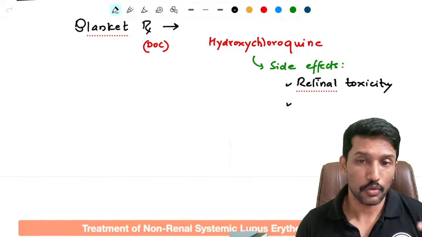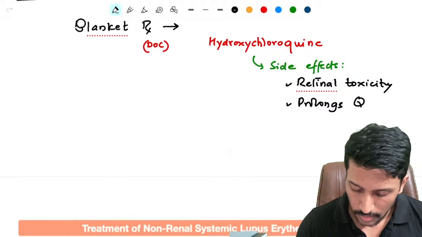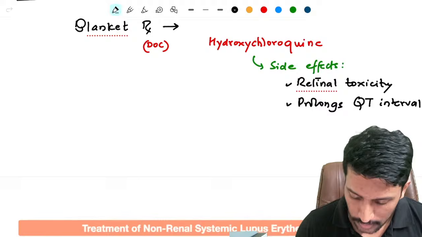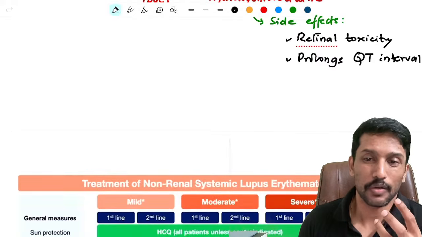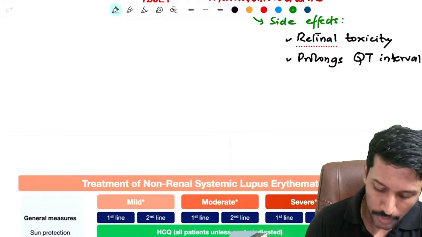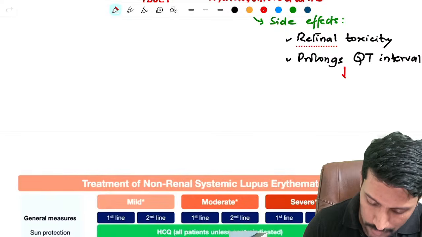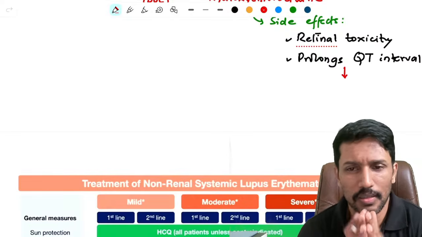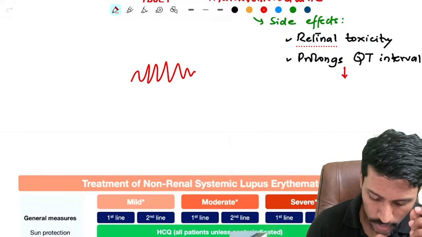The second one, hydroxychloroquine prolongs QT interval, and because it prolongs QT interval, there is a chance that it may increase the risk of developing a polymorphic VT, a ventricular tachycardia. That particular type of polymorphic VT that happens in patients with prolonged QT interval gives a very, very interesting ECG image, where you get this wave-like polymorphic VT.